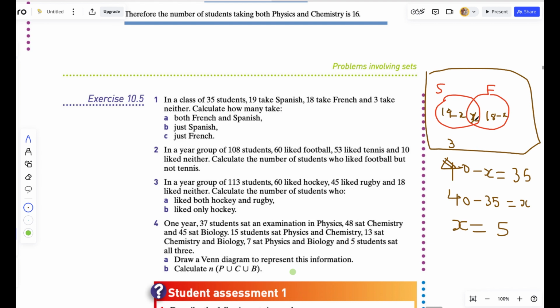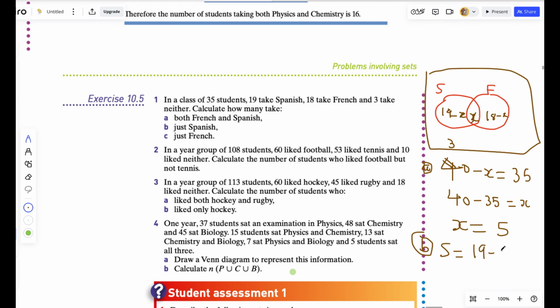The next question says just Spanish, those who do just Spanish. Just Spanish means Spanish only. So those who do Spanish only will be 19 minus 5. Let's assume this is the A part of the question, and this is the B part of the question. Spanish only will be 19 minus 5, equal to 14.